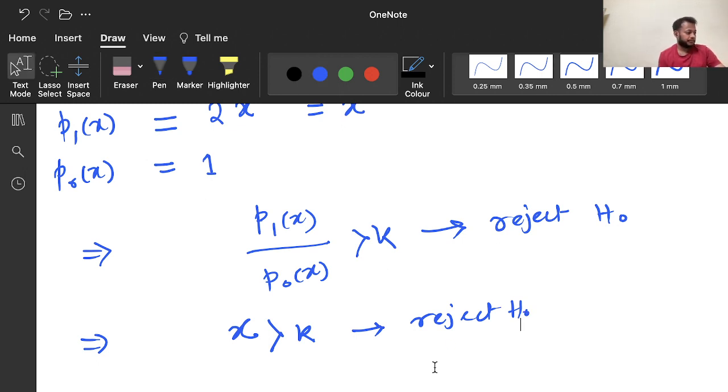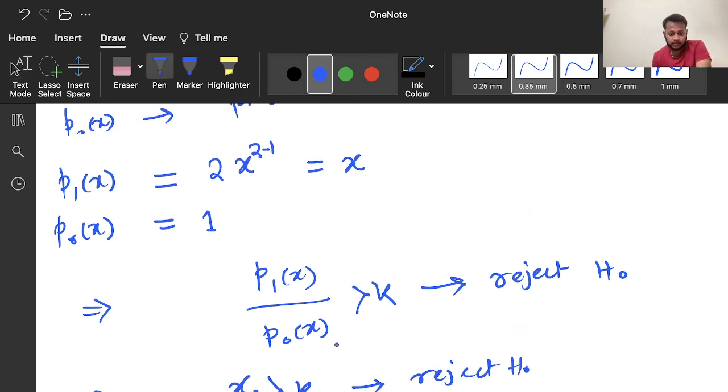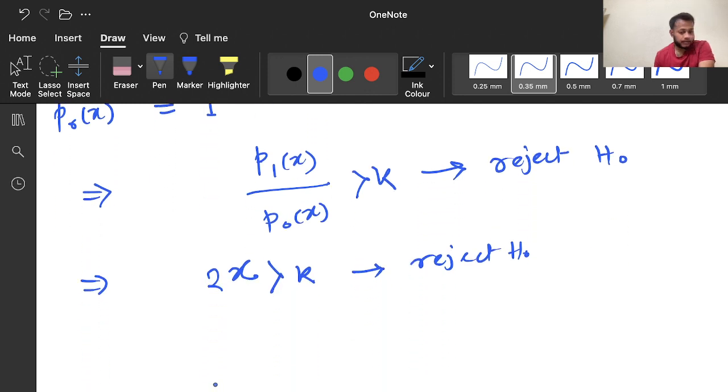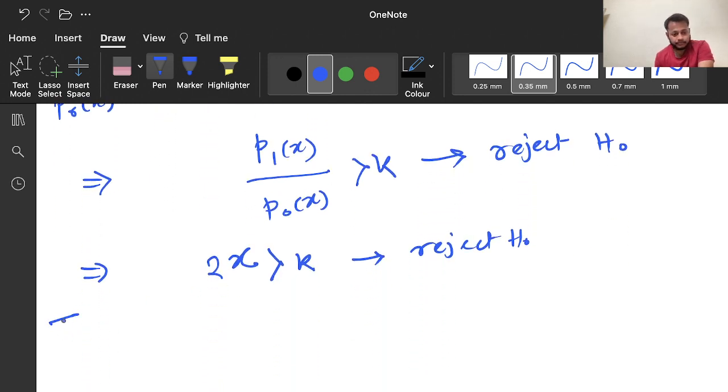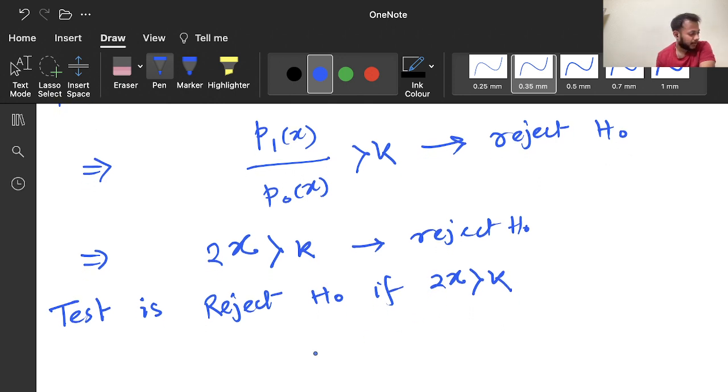Now suppose this is 2x. Now the test is reject H0 if 2x is greater than K.